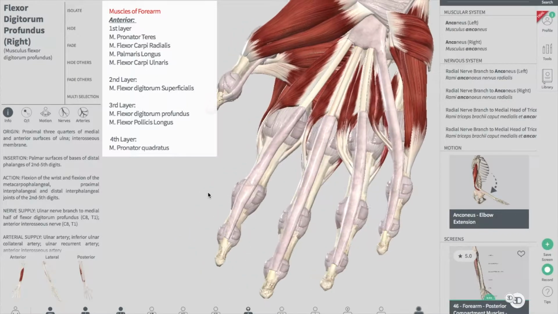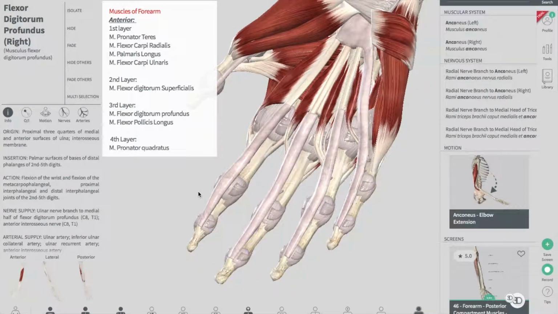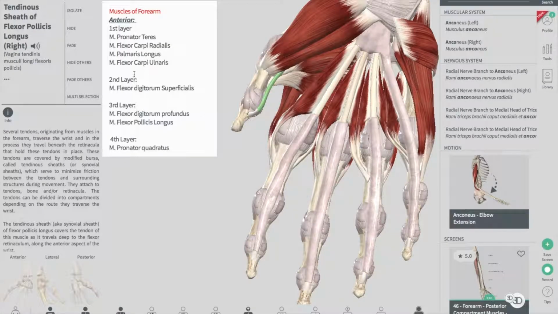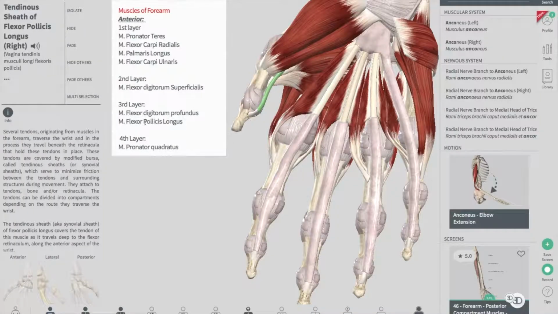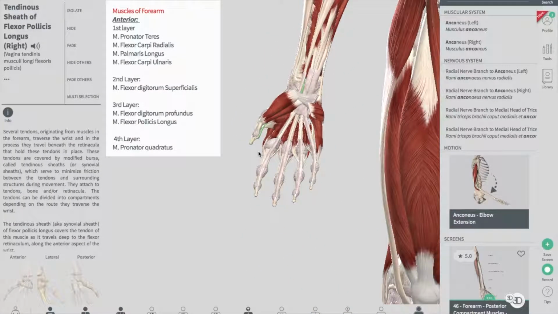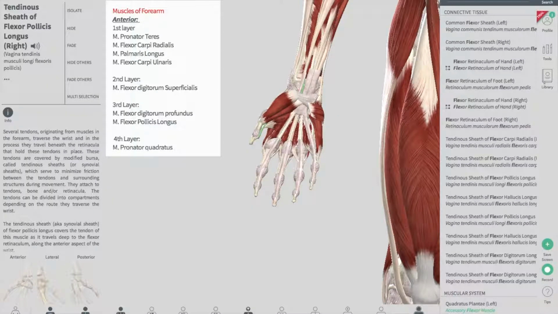So now the next muscle is flexor pollicis longus. Flexor pollicis longus. Pollicis means thumb. So every time you see pollicis, that's going to be related to the thumb. So let's go ahead and isolate on that one as well. It's easier.